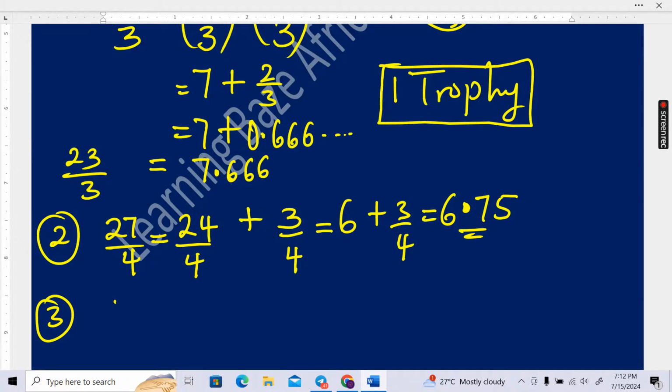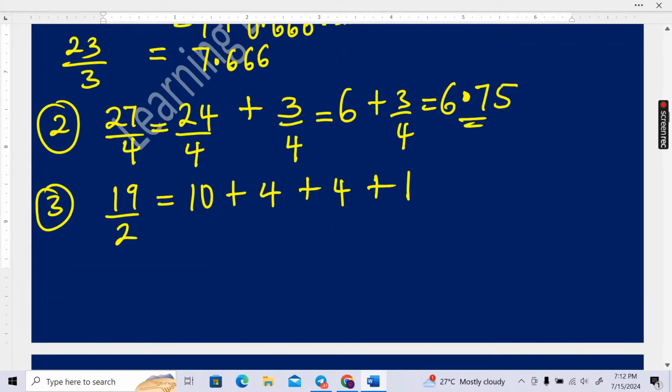Okay, so let's look at 19 divided by 2. Let's go a bit lower. Now, 19 divided by 2 can be broken down as 10 plus 4 plus 4 plus 1. All these added together will give you 19: 10 plus 4 is 14, plus 4 is 18, plus 1 is 19.